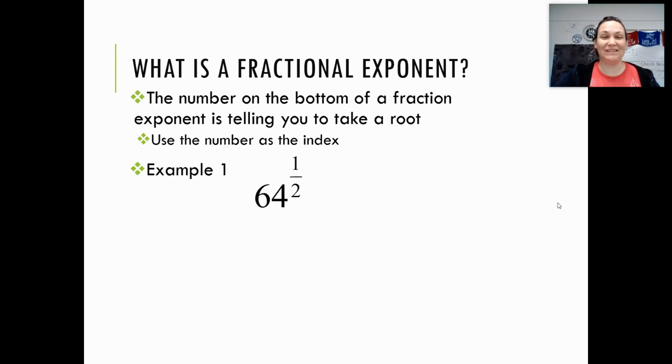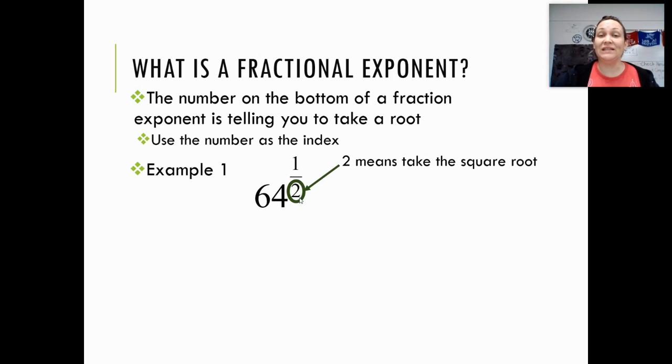Here is our first example. In this problem, I have 64 to the power of 1/2. That is an exponent. That's not saying take half of 64. The answer is not 32. Again, when you have a fractional exponent, the bottom number of the fraction, in this problem the 2, is telling you to take a root, a radical.